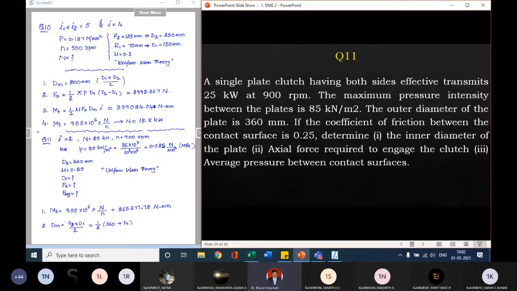This is the value because we are supposed to find the value of D1. So can you see, whenever a single plate clutch came into picture, the major unknown became the diameters. Whenever a multi-plate clutch comes into picture, the major unknown will become the i value, the number of friction surfaces. So we got this value of DM. Then next step, let me change the page for you.